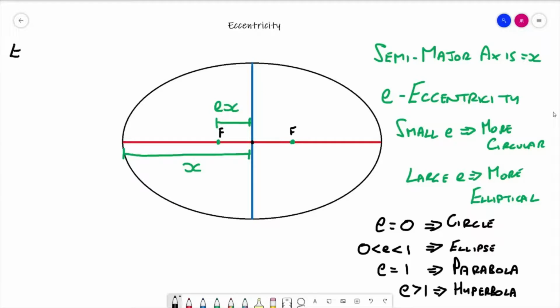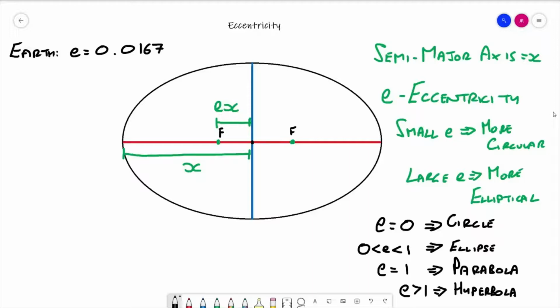Now, just to give you an idea of the kind of eccentricities that we have in our solar system, for Earth, we might as well do Earth first. For Earth, the eccentricity is 0.0167. Now, you can see that that is an incredibly small number in the grand scheme of things. If we're defining an eccentricity for an ellipse to be anywhere between 0 and 1, to have an eccentricity of 0.0167, so less than 0.02, shows you that the Earth's orbit is fairly circular.